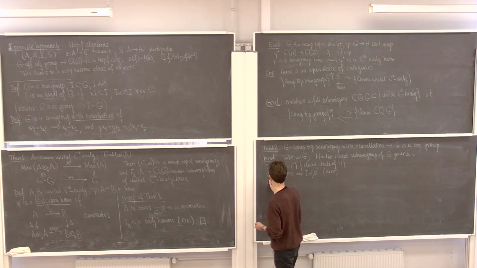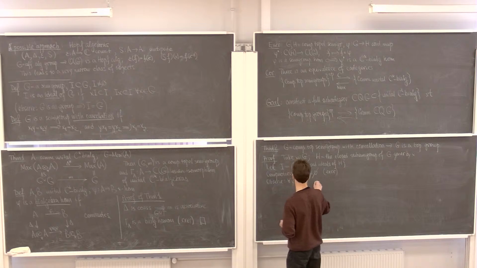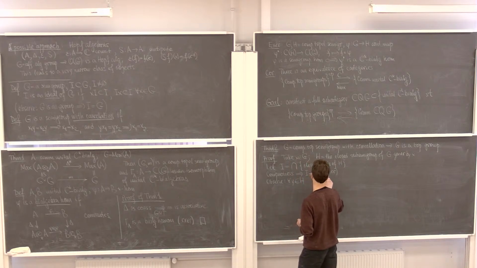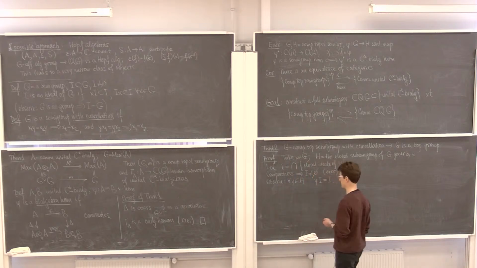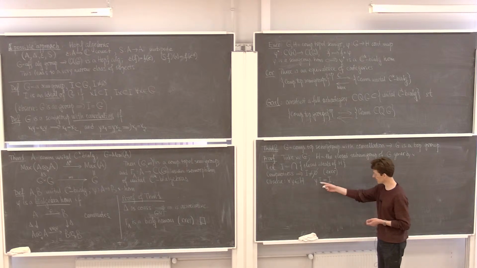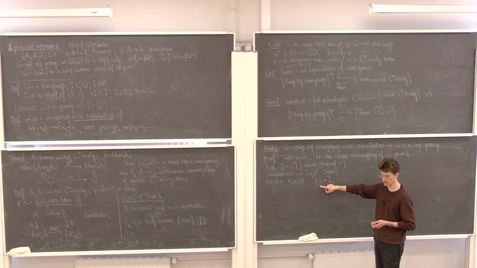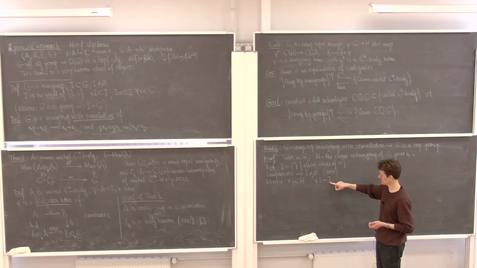Let's now observe that for every element y in H, we have the following equality: yI equals I. Well, indeed, this product yI is also easily seen to be a closed ideal of H. And it is contained in I, because I is an ideal. But I is the smallest closed ideal, so they should be the same.